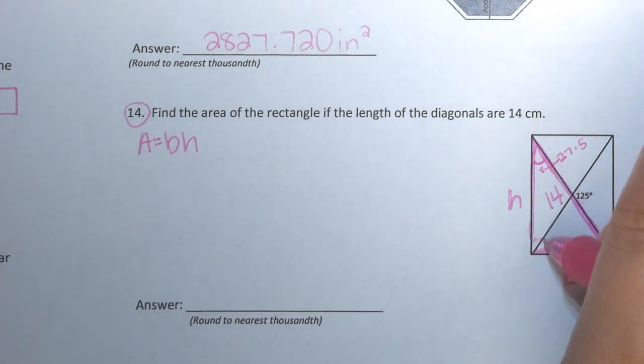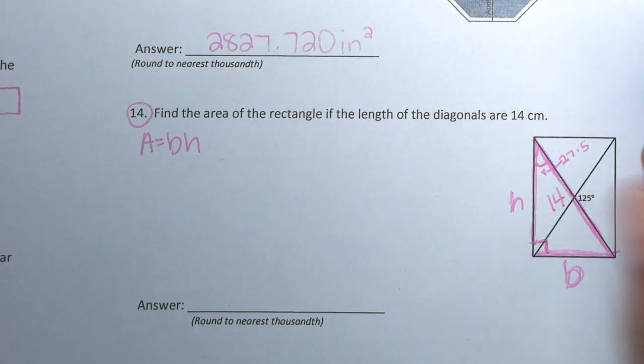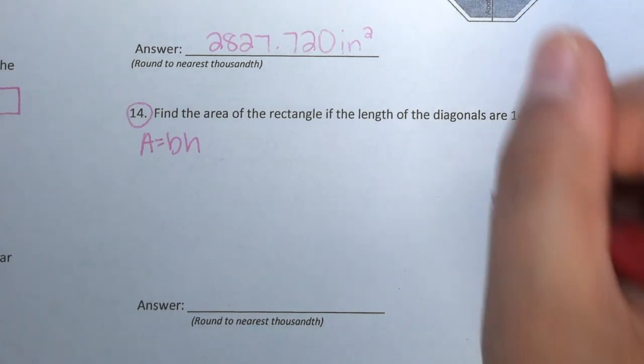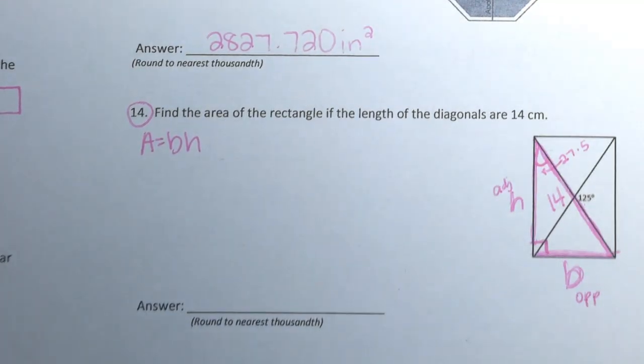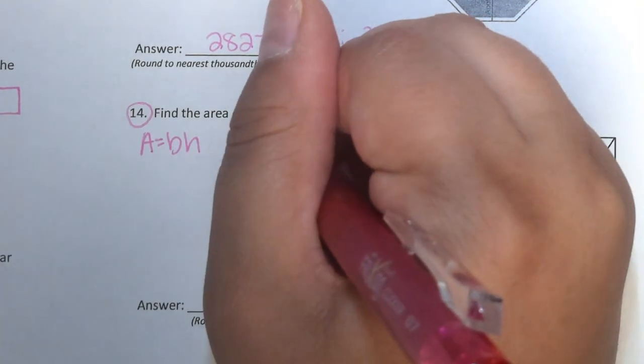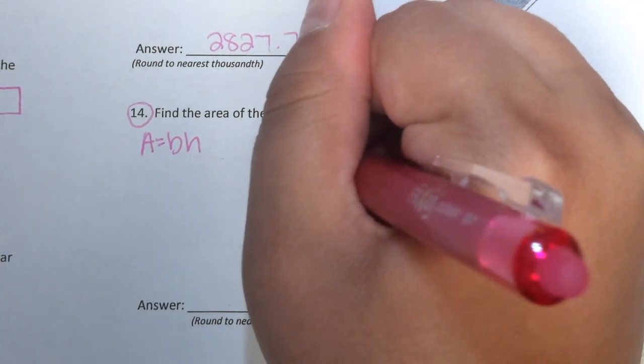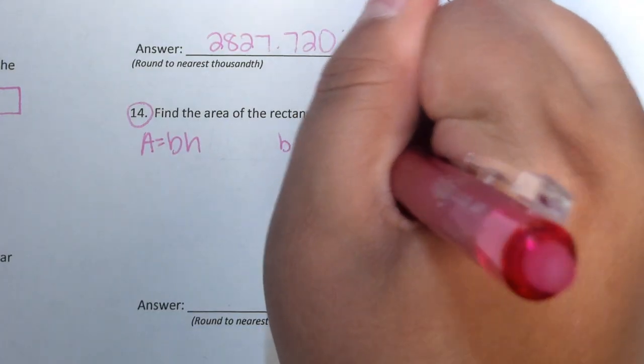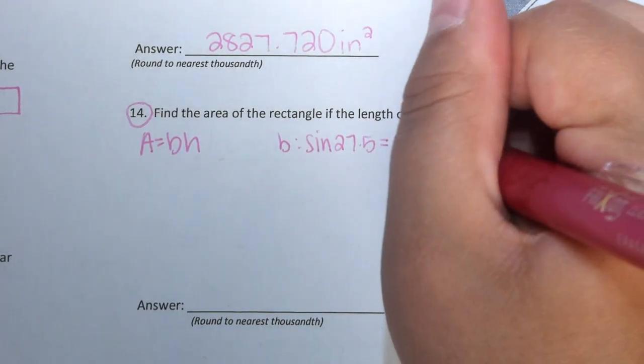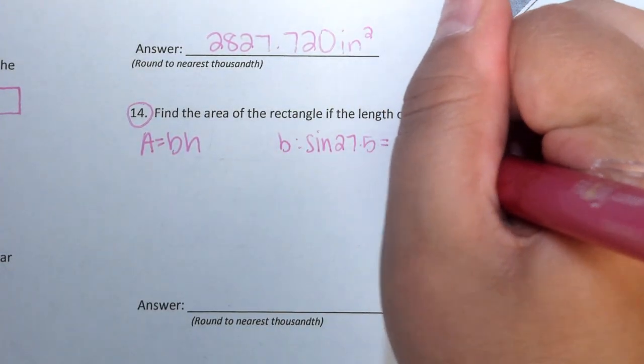Do you see a right triangle here? Do you see that this is opposite and this is adjacent? So to find the base, opposite over, I know my hypotenuse is 14. That's the sine of 27.5 equals opposite over hypotenuse.